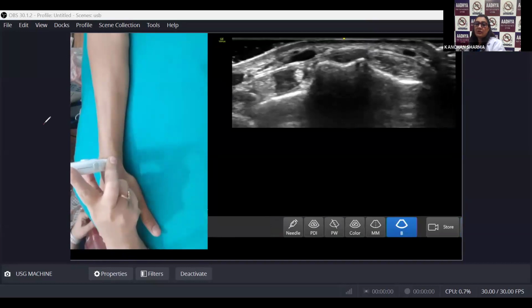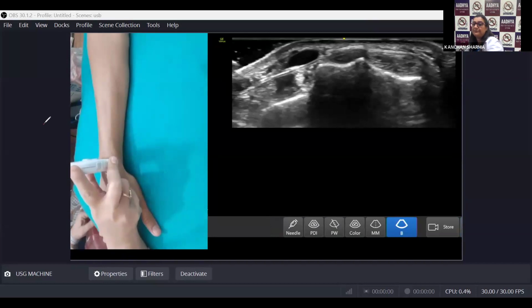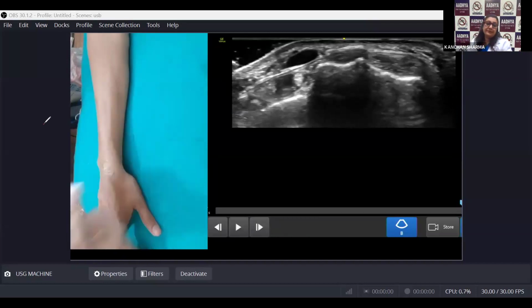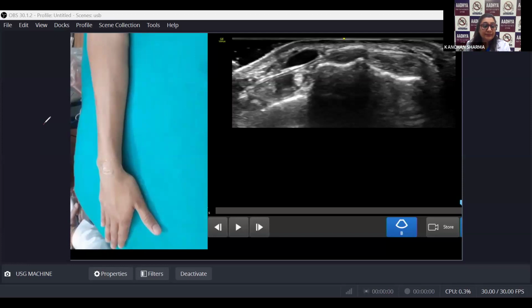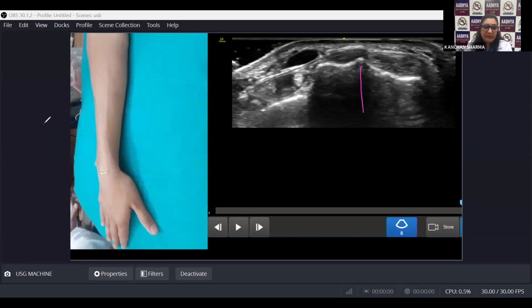Now, who can tell me what all structures we are seeing? Anybody? If I'm moving from there, you know what exactly I'm showing you. Anybody can comment on this picture? Lister tubercle and the extensor compartments. This is the Lister tubercle.